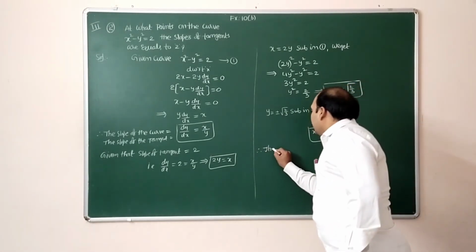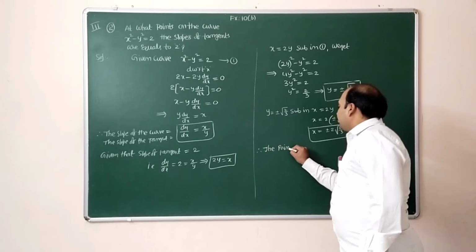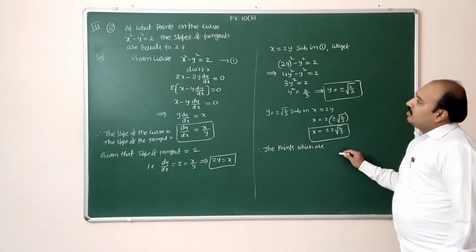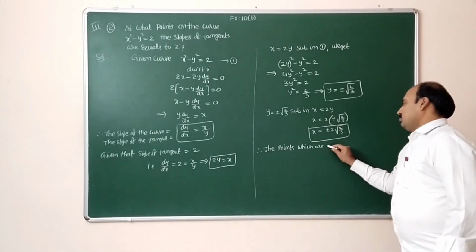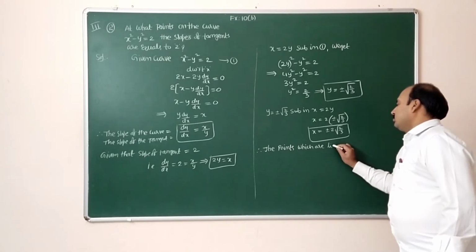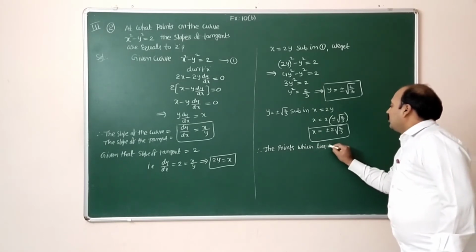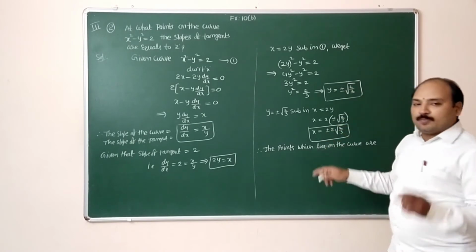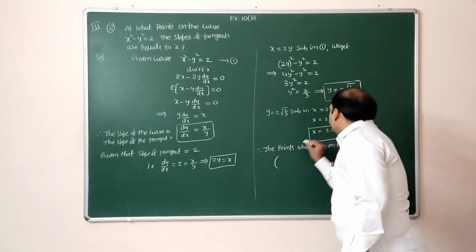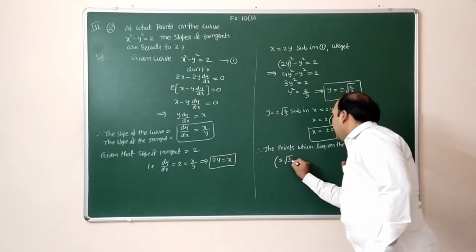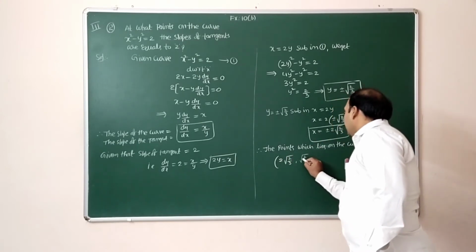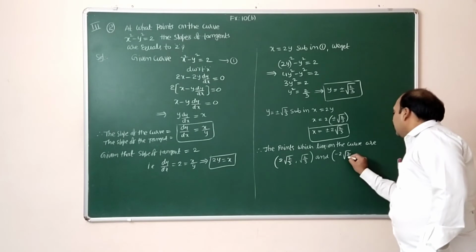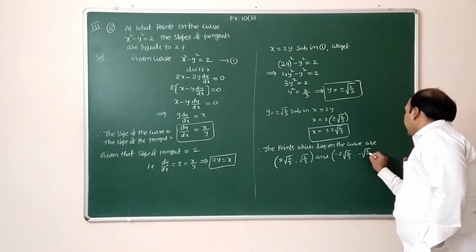Therefore, the points which lie on the curve: first you have to consider among these two plus, next minus. 2 root 2 by 3 comma root 2 by 3, and if you consider minus, minus 2 root 2 by 3 and minus root 2 by 3.